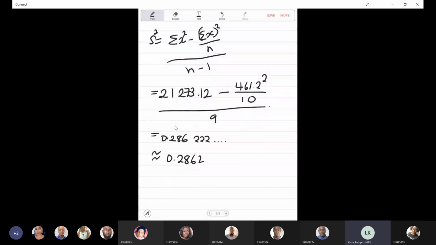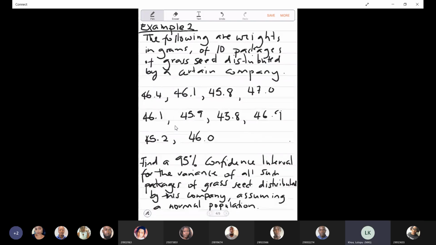So chi-squared, and we said alpha divided by 2. Now here our alpha is 10%. Did I say 10? I think maybe I didn't copy the question right. No, it is 95.